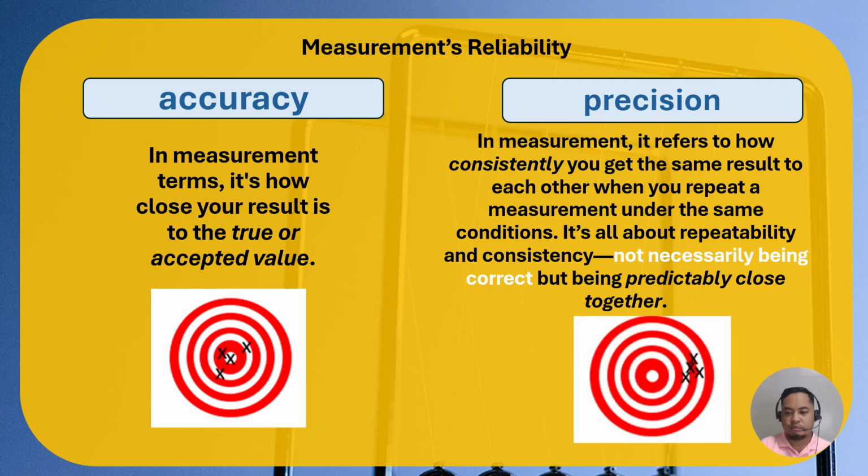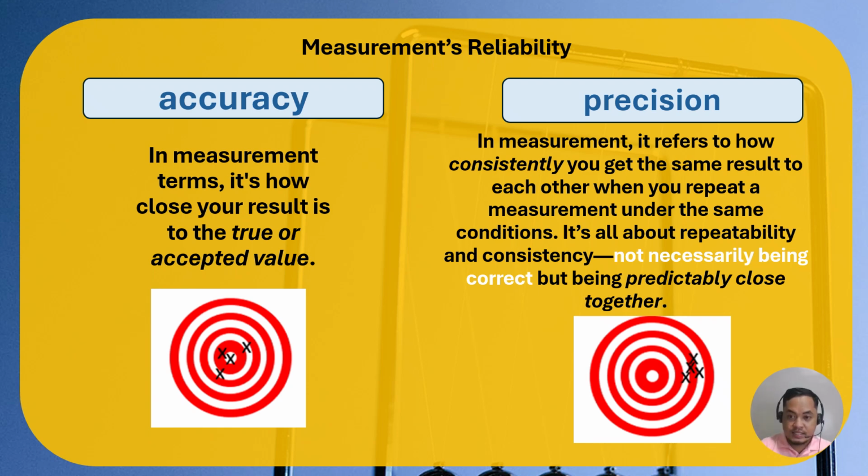Let's go back to the basic. The bullseye is our accepted value. And then the measurements or the trials you've done, all the values fall to that area of the dart board.